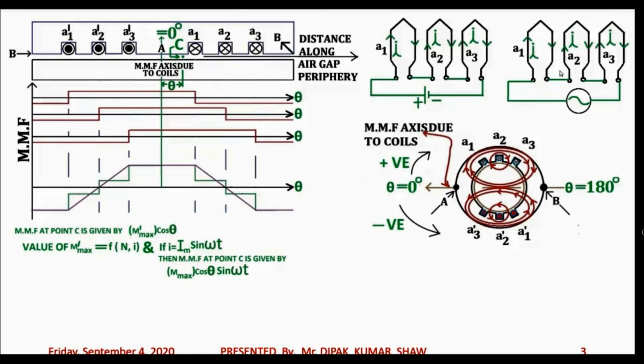But if they are carrying alternating current, the magnitude of MMF in the air gap periphery will be a function of both space angle theta as well as time, that means sine omega t.